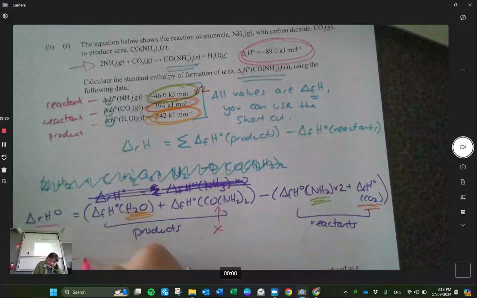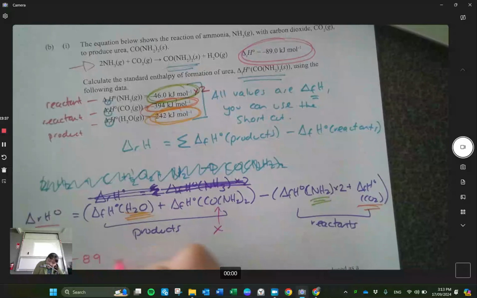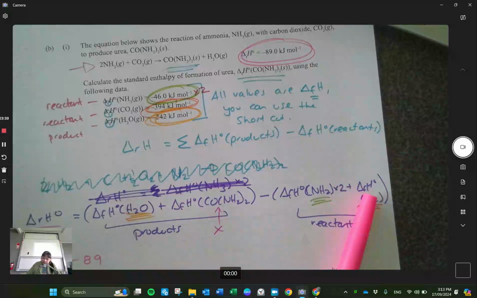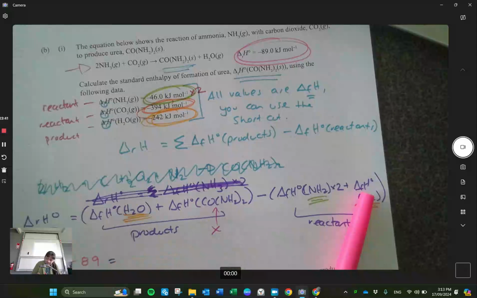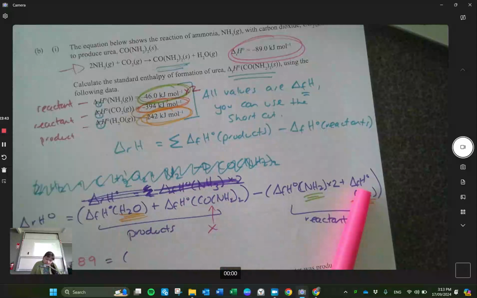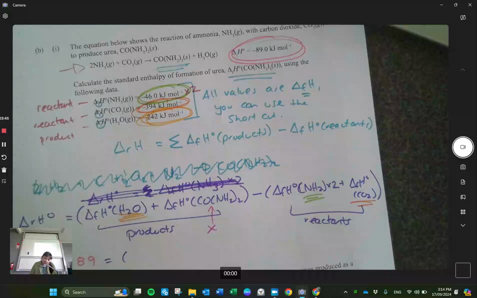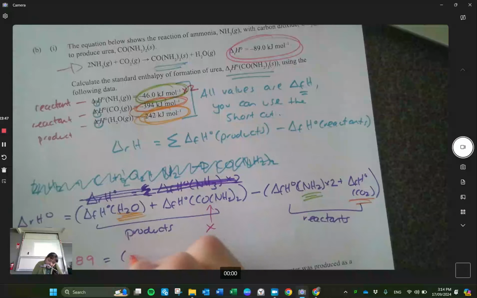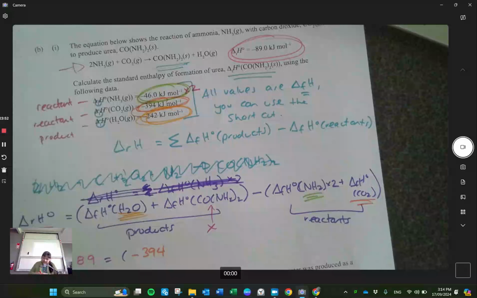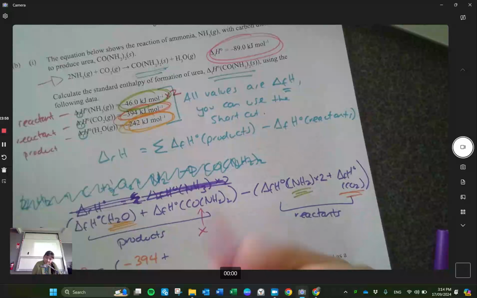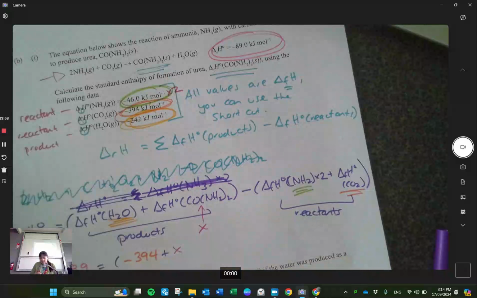All right, negative 89 is equal to, close brackets, the water, which we're not multiplying by anything. That is negative 394 plus X. So now it's just algebra at this point.